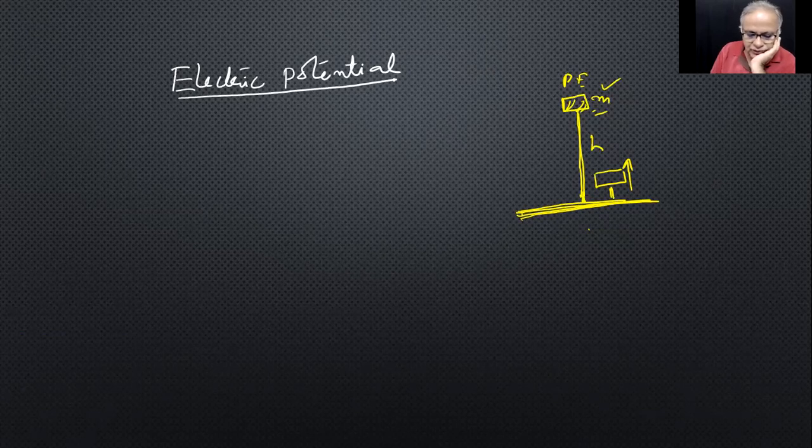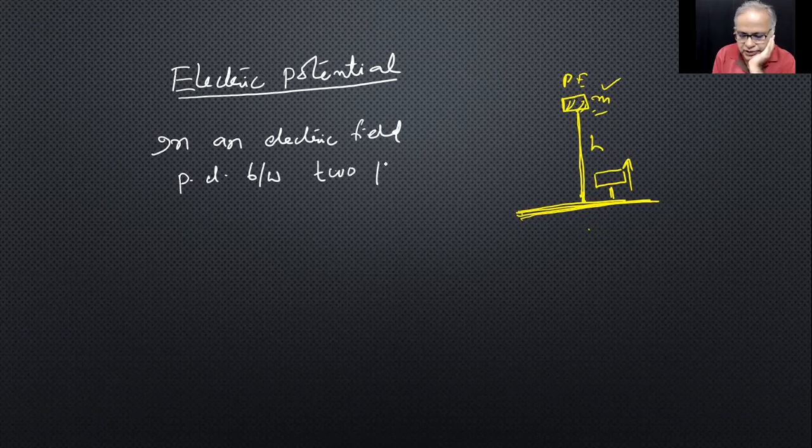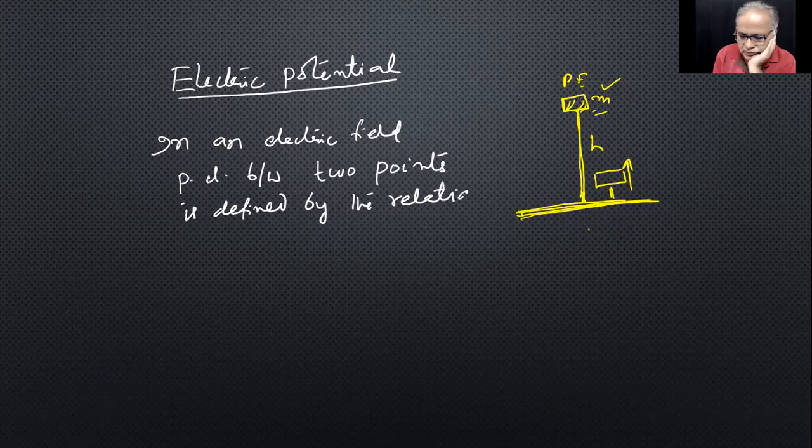Electric potential. Now look at this. In an electric field, the PD between 2 points is defined by the relation V2 minus V1 equals minus W12 by Q naught.